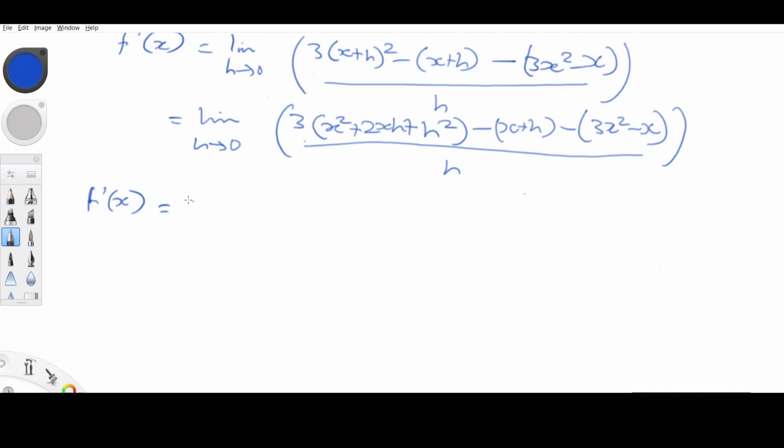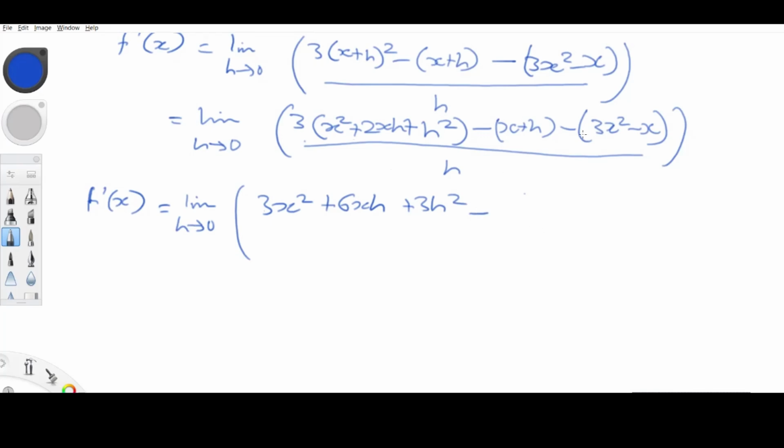The derivative is going to be the limit as h tends to 0 of, now let's further expand this. So this is going to be 3x squared plus 2 times 3 is 6xh plus 3h squared, right?